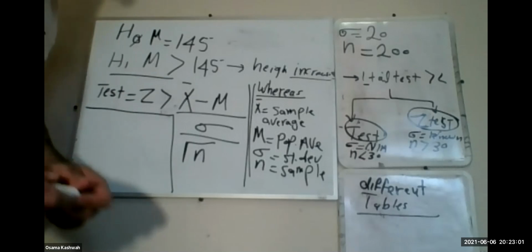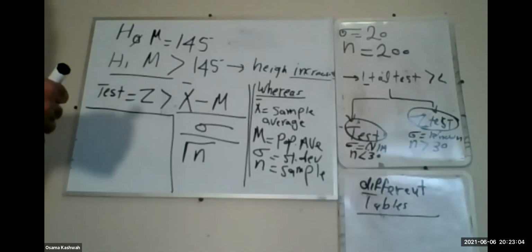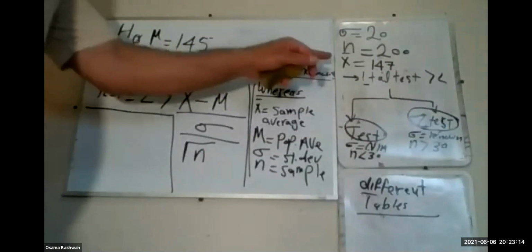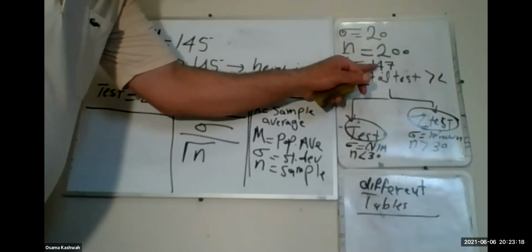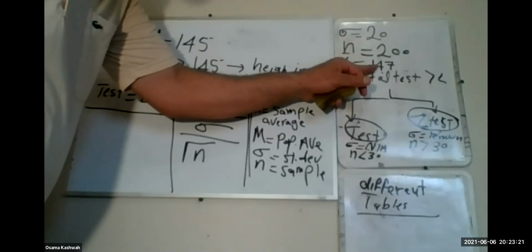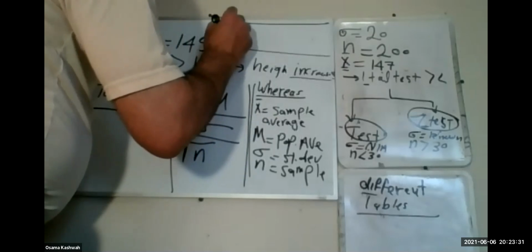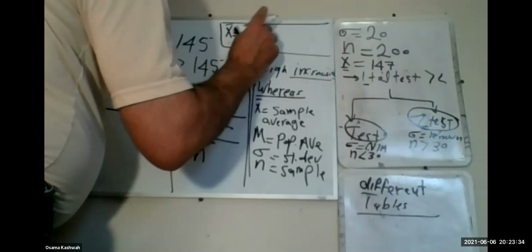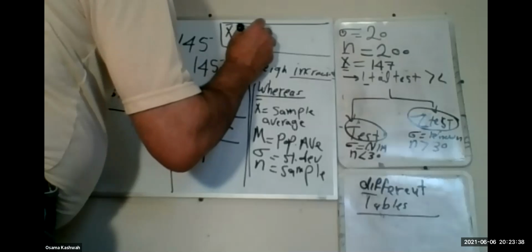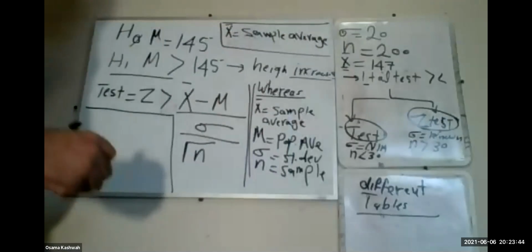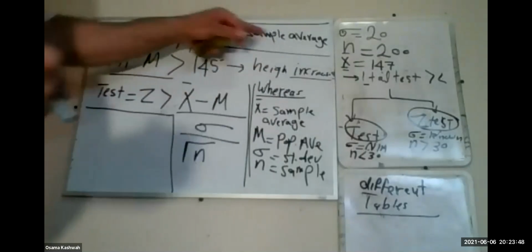She said the X bar, the average of the sample of 200 students, she found in the sample is not 145, it is 147 centimeters. So X bar is the sample average.